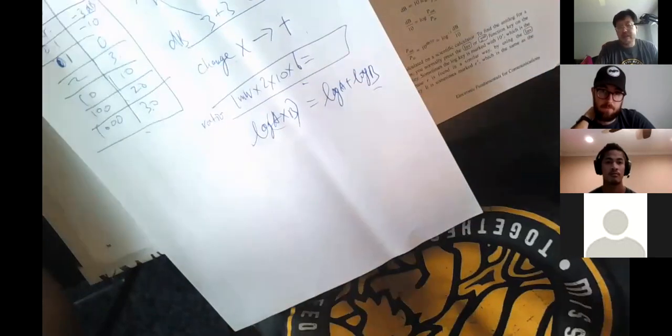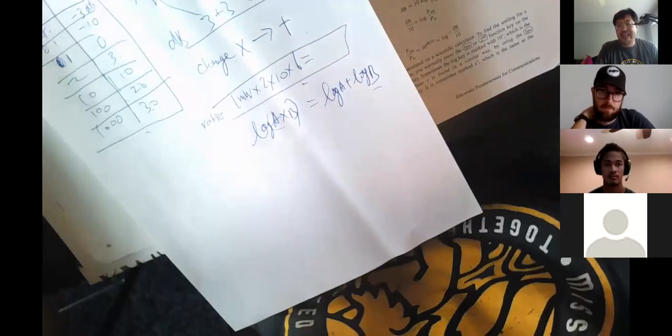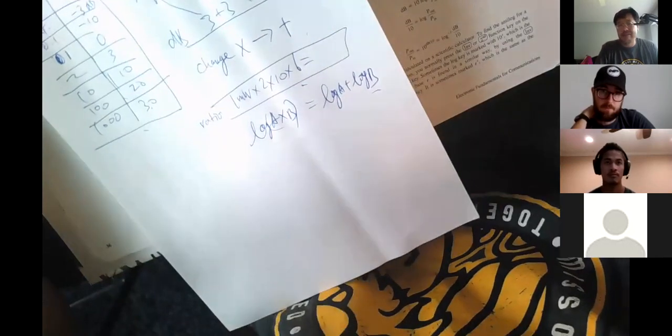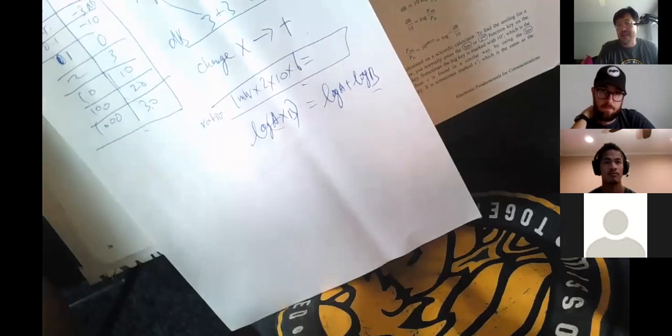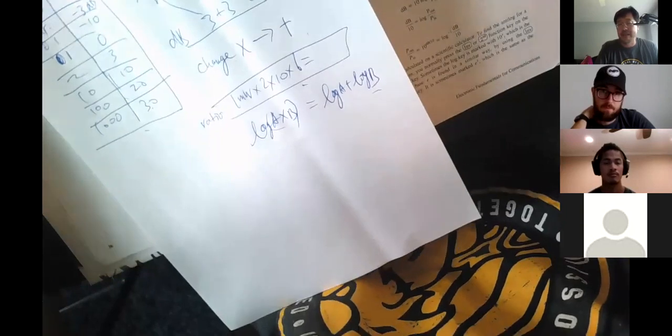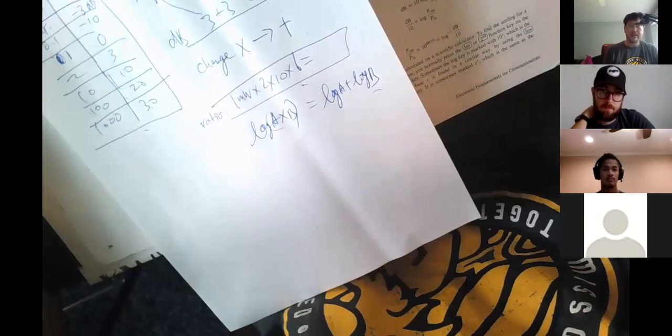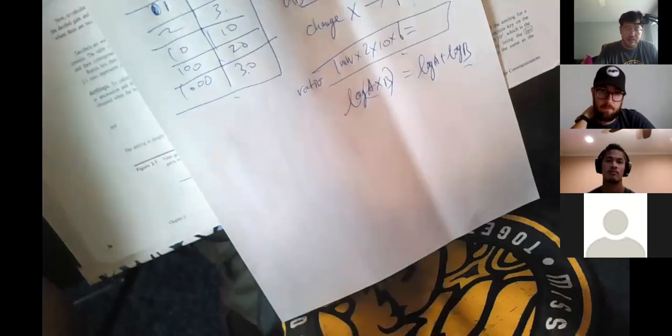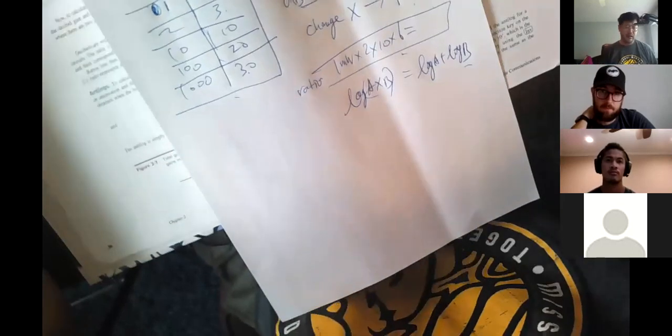So when you are in the field, you want to get the final output. You don't want to multiply, you want to add, right? Add is much better to do without a calculator. So that's the reason why we prefer decibels instead of ratio.